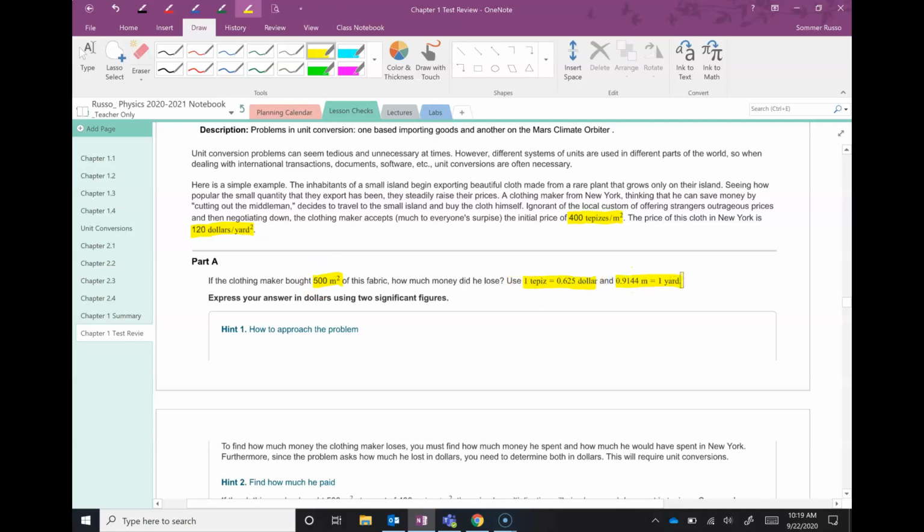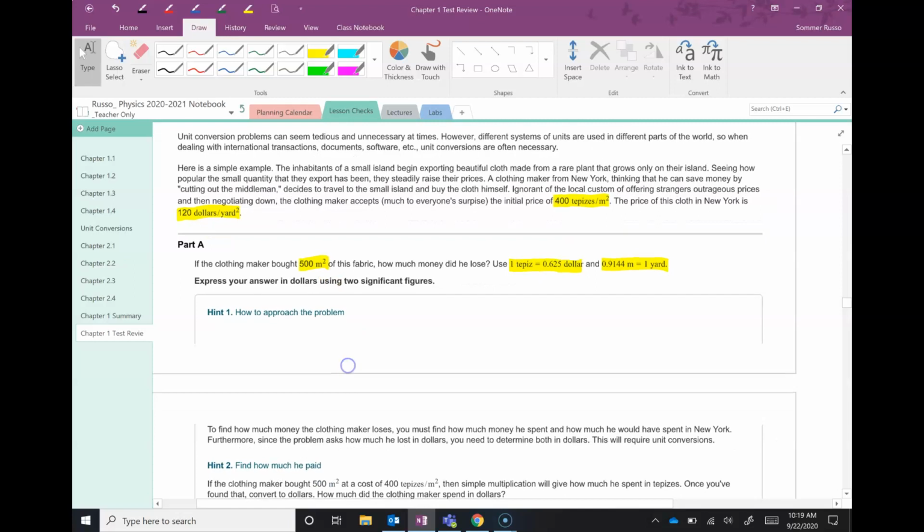Those are things that we're going to use to solve this problem. We first want to find out how much he paid. So we have 400 TEPs per square meter, and he bought 500 square meters.